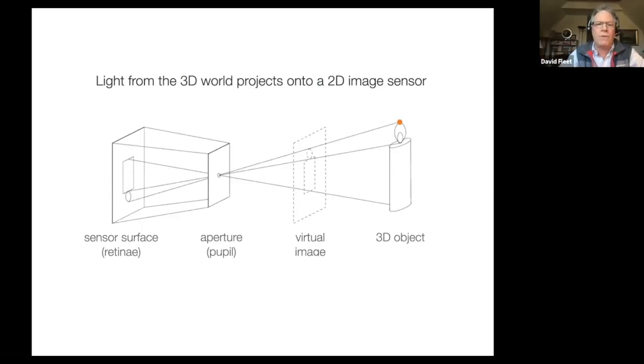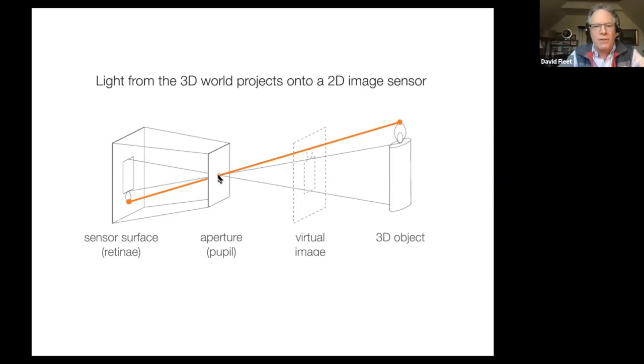Now, there are many other sources of ambiguity. One of the big ones is the fact that when you sense the world, you're sensing a two-dimensional projection of three-dimensional objects in the world. So this point on the tip of the flame gets projected through the pinhole of a camera.